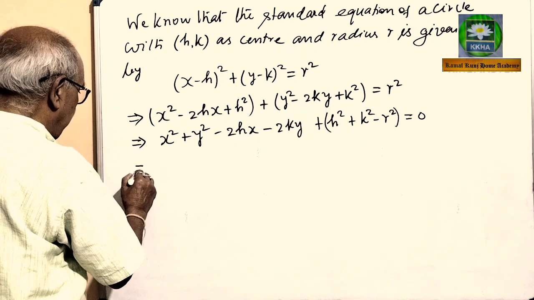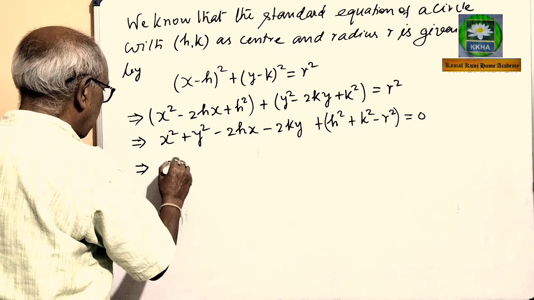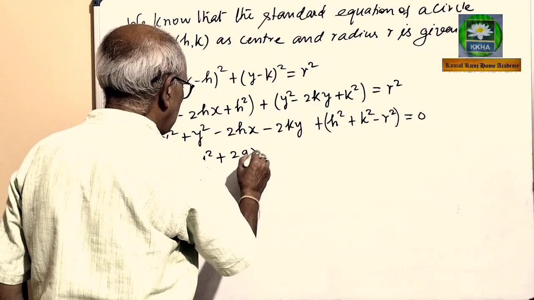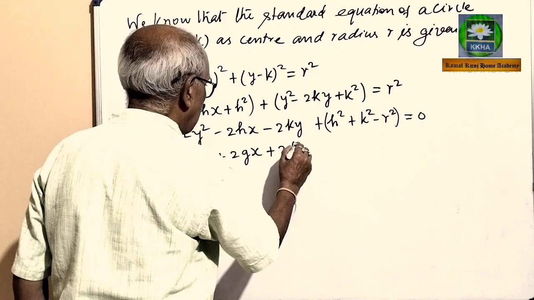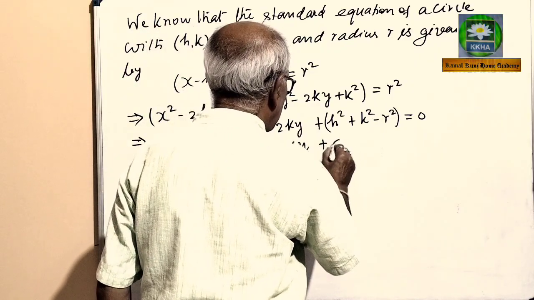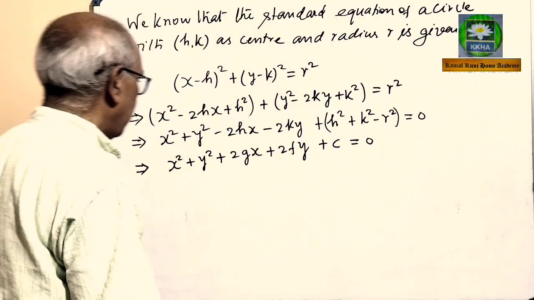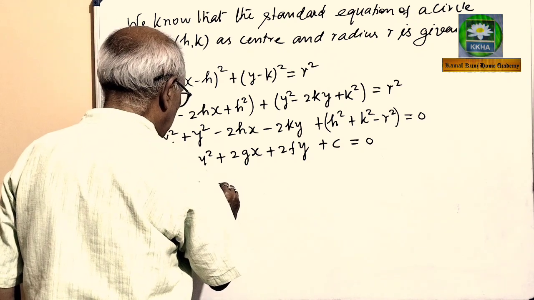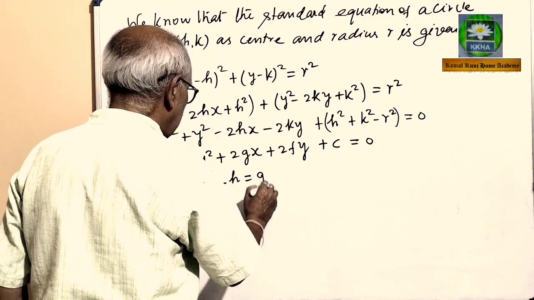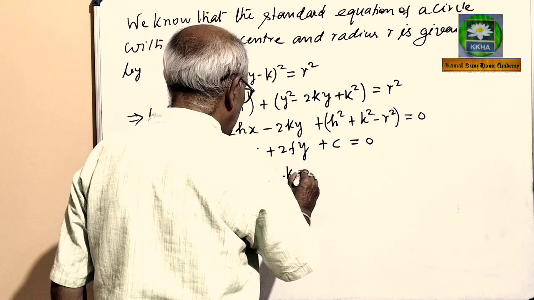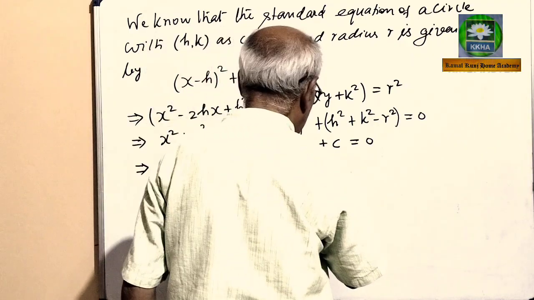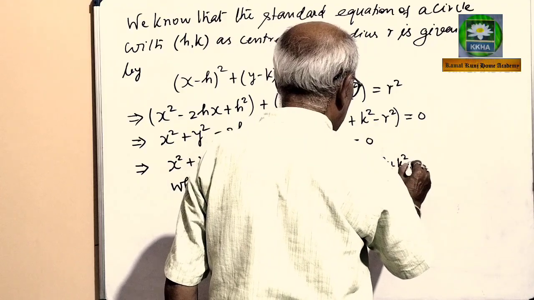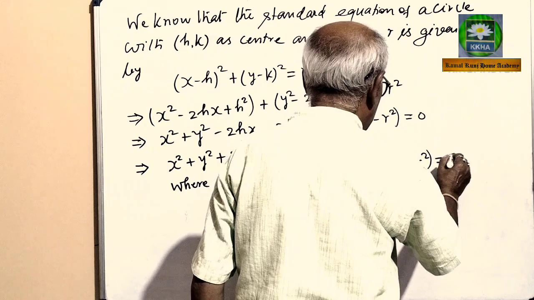Now this can be written as x square plus y square plus twice gx plus twice fy plus c equal to 0, where minus h equal to g, minus k is equal to f, and h square plus k square minus r square equal to c.